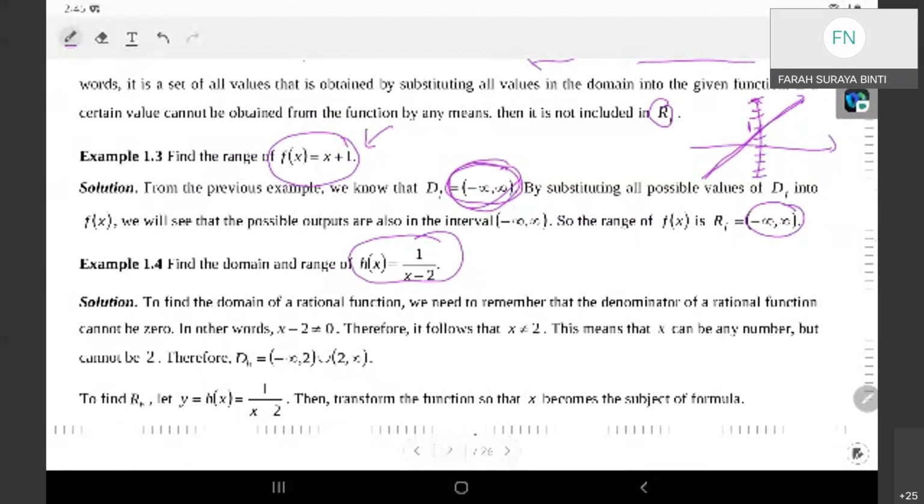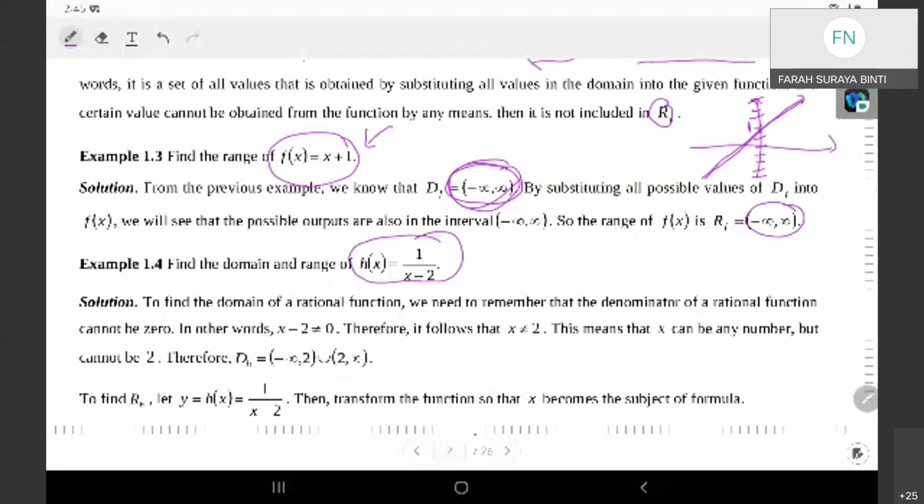Okay, so we need to remember that the denominator of the rational function cannot be 0. Okay, kalau apa-apa nombor bahagi dengan 0, dia akan jadi error. Okay, undefined. So, you need to remember the denominator, the lower part of the rational function cannot be 0.